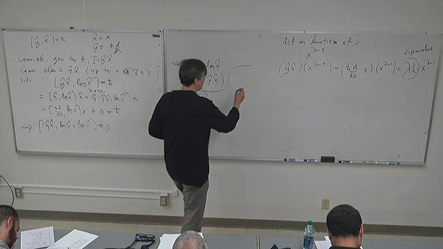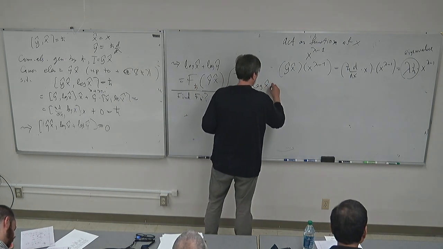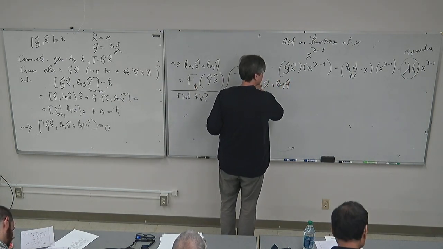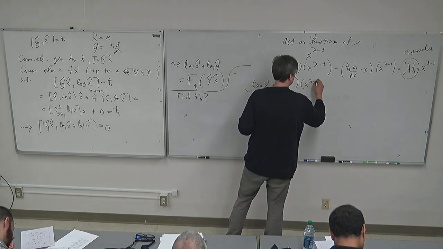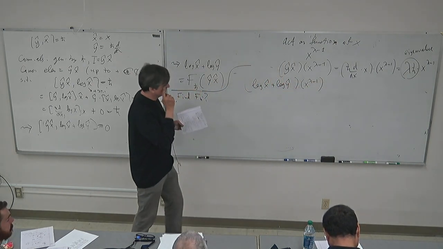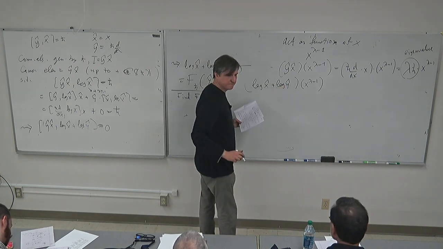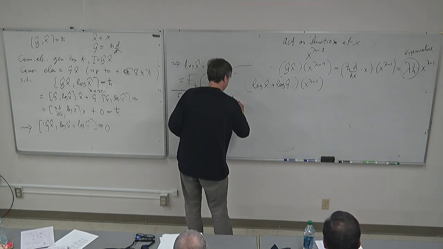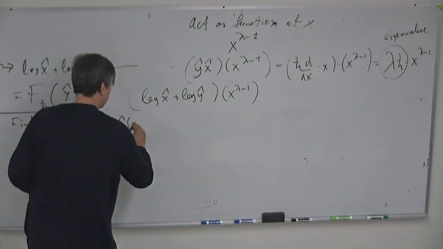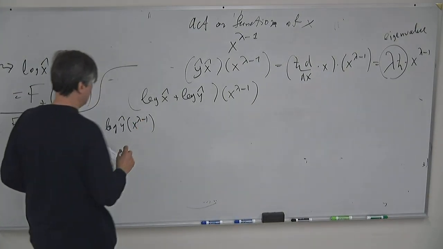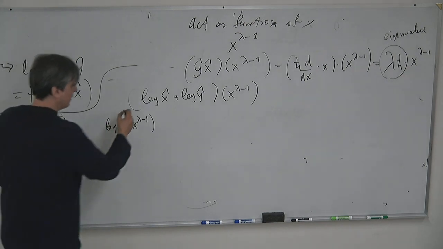Now apply log x hat plus log y hat to x to the power lambda minus 1. The first one is very easy, so we should calculate this one. What is log y hat applied to x to the power lambda minus 1? We make a Fourier transform.